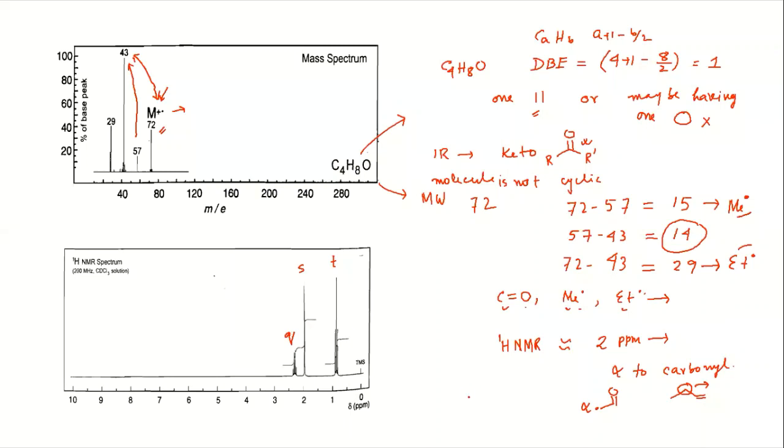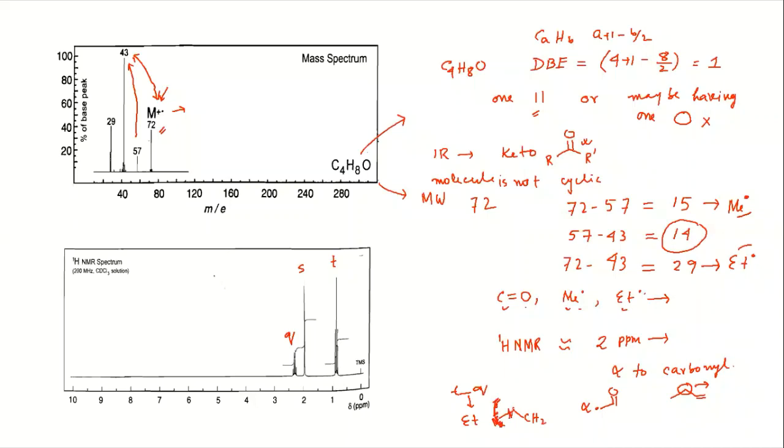Now, proton NMR will further tell you how many protons are attached to the nearby carbon, right? That is the information you can have. If you have a triplet and quartet, that combination tells you that you have ethyl, because ethyl has CH2 and methyl. Sorry, I wrote that wrongly.